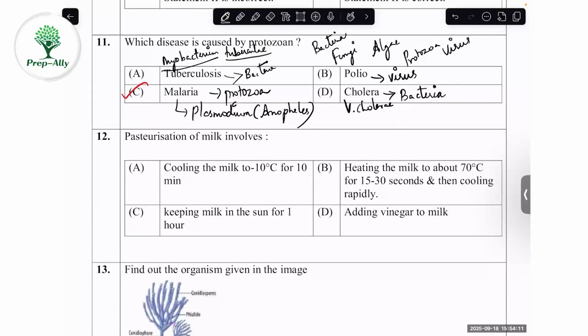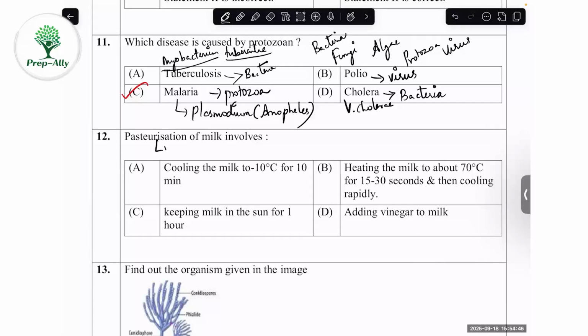Pasteurization of milk involves, so they're asking for a definition of pasteurization. Pasteurization is the process where milk is heated and cooled. It is given a high temperature, more than 60 degrees Celsius, for some time, then brought to a low temperature, that is, cooled.